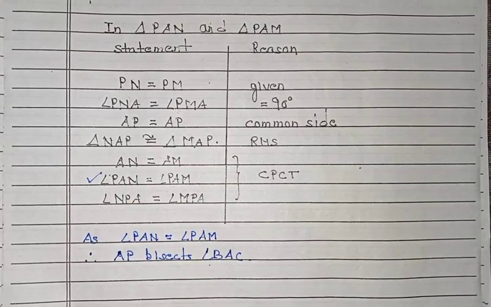This is how we will be proving it. So this was the solution to the class test that was conducted on the 8th of July. Hope this is clear to you now.